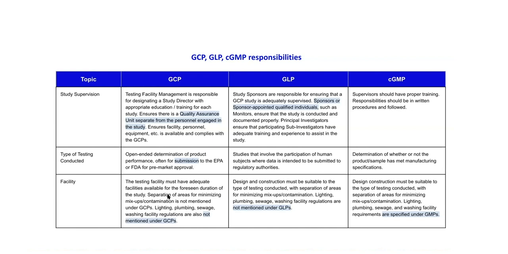But lighting, plumbing, the washing facility, all this kind of infrastructure is not covered in the GCP, neither in the GLP, but it is required for GMP.